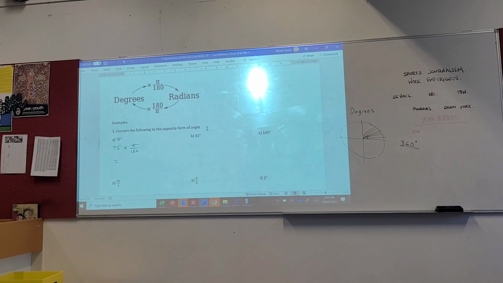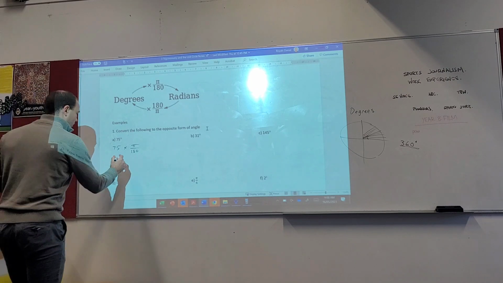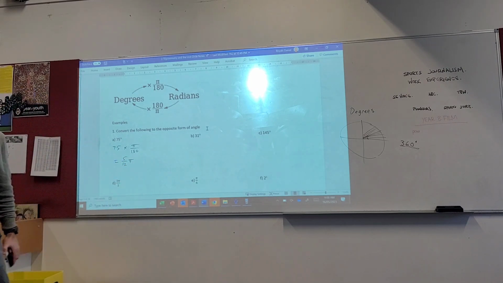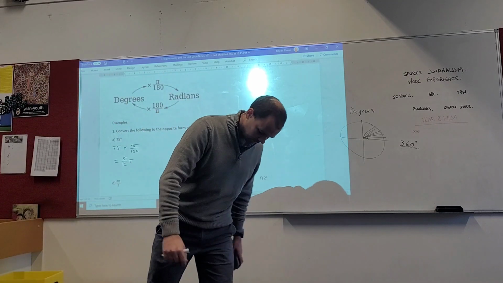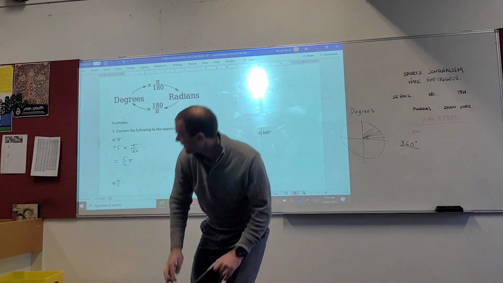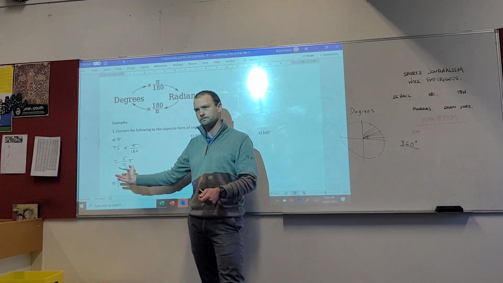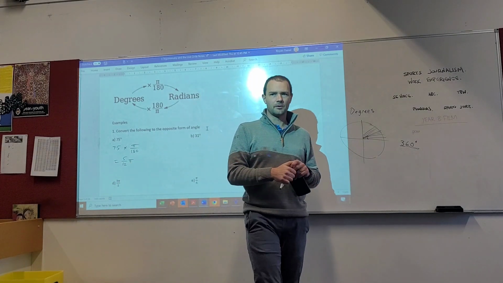Now, it's going to pop up like this. And if we can leave our answer in terms of pi, then we should. Okay, so your calculator, if you've got the graphics calculator, that should be the default setting. It should leave the answer as a fraction. Alright, 5 on 12 pi.